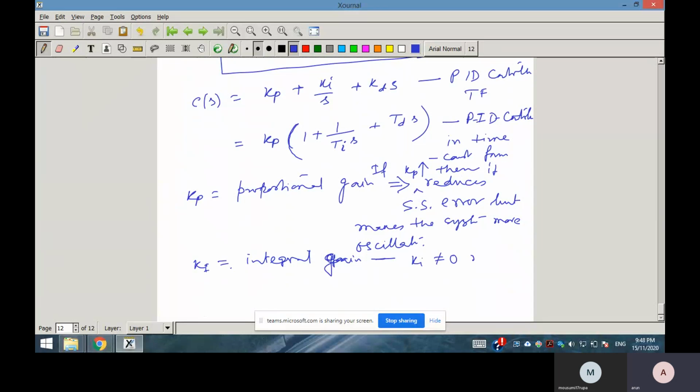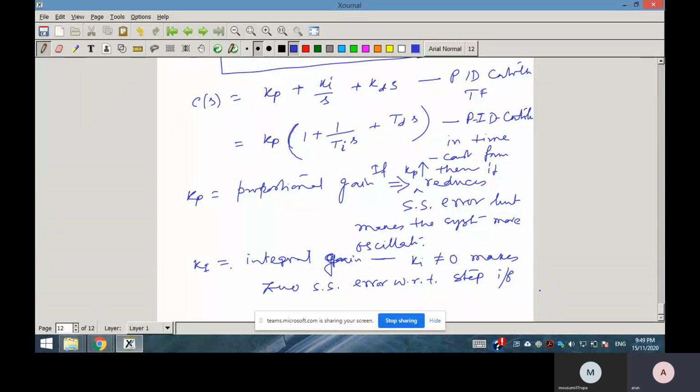Ki not equal to 0 makes zero steady state error with respect to step input.